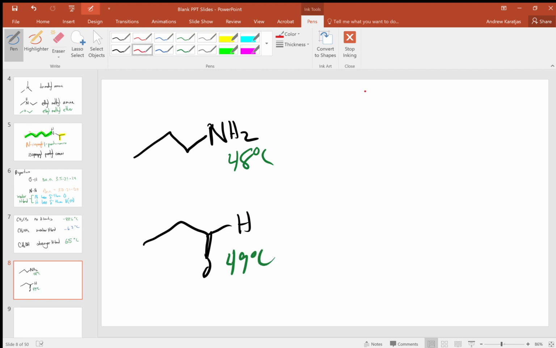And so overall we could rank our functional groups. Ionic, most polar, highest melting points, highest boiling points.